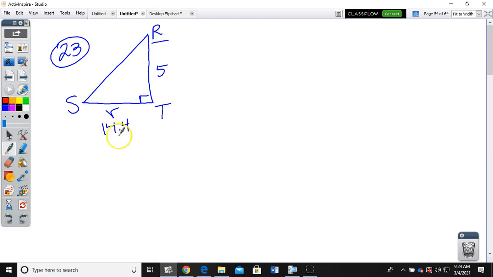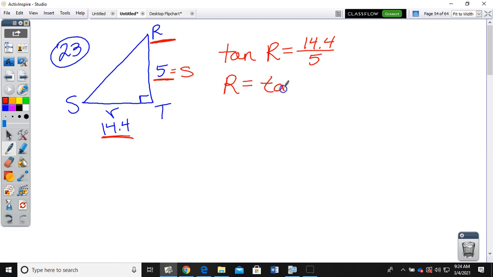Here, they give me 14.4, and they tell me S is 5, and I'm looking for R. So what sides do I have in reference to R? Opposite and adjacent, which is tangent. So tangent of R equals 14.4 is opposite R, and 5 is adjacent to R. And then you do the inverse tangent of 14.4 over 5.